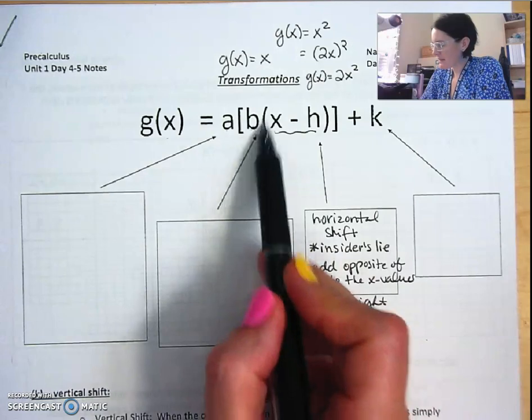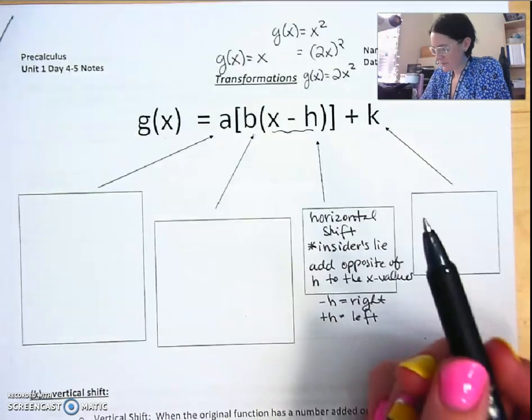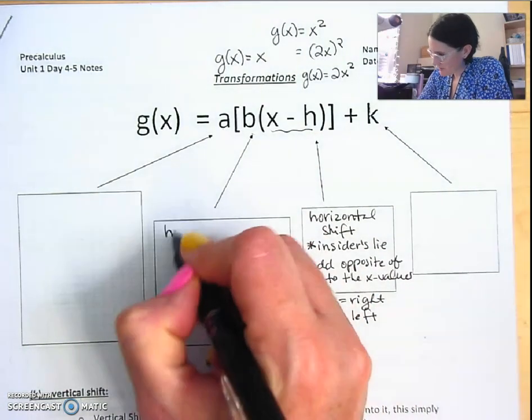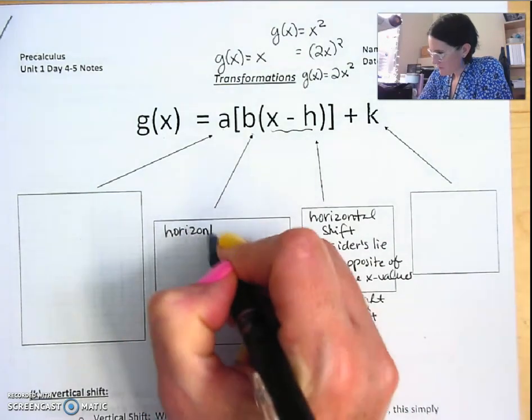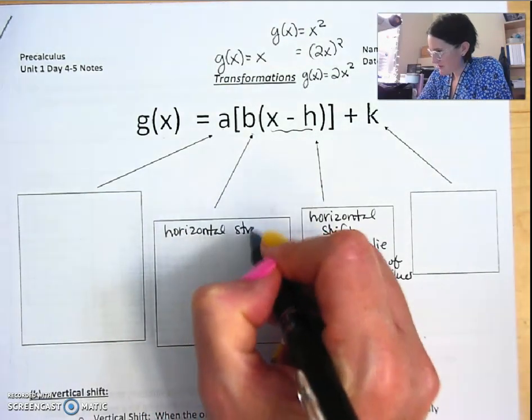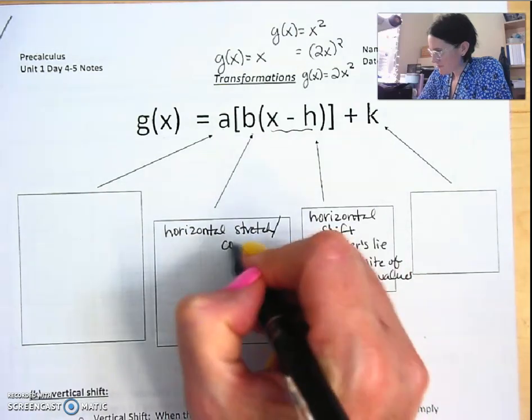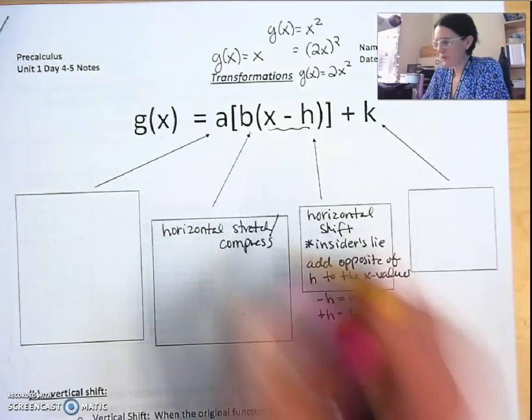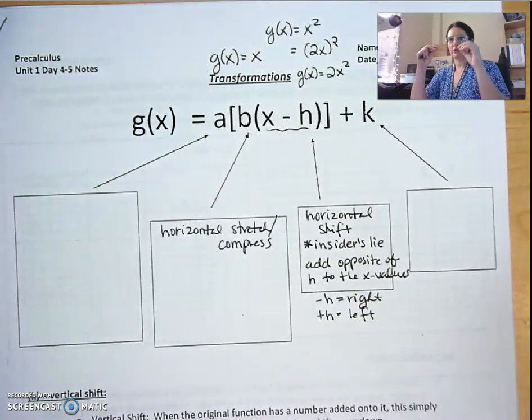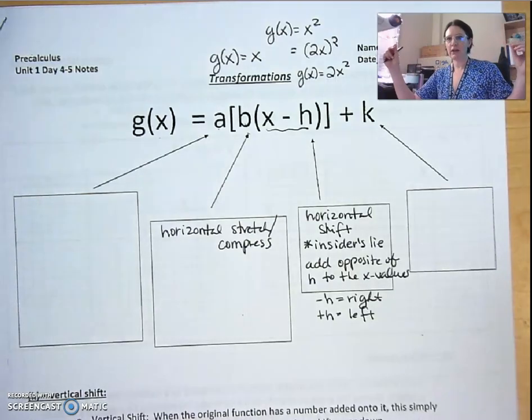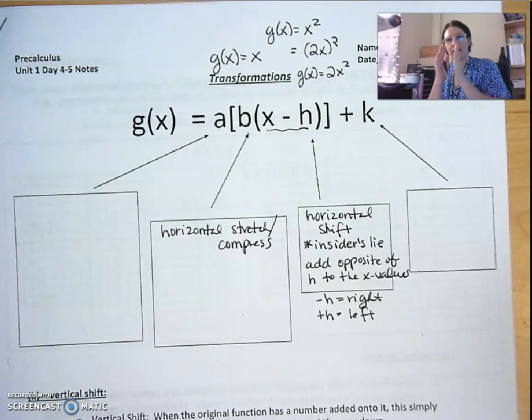So if you have a constant that's inside with your x, this is going to be a horizontal stretch or compress. Stretching means your x values would expand out to the left and right from their original position. Compress meaning the x values would shrink in from their original position.